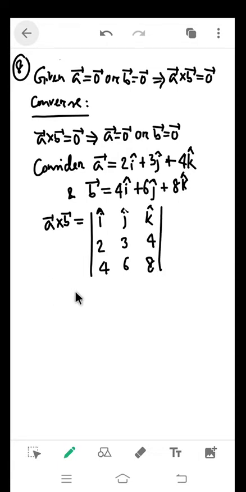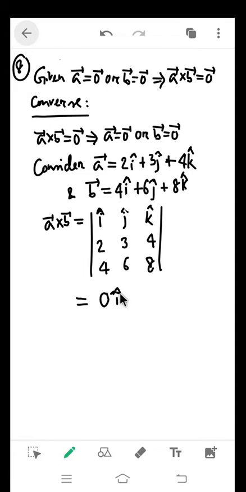You know how to calculate a determinant, so I'll just give you the answer. 24 minus 24, it is 0, so the first one is 0.